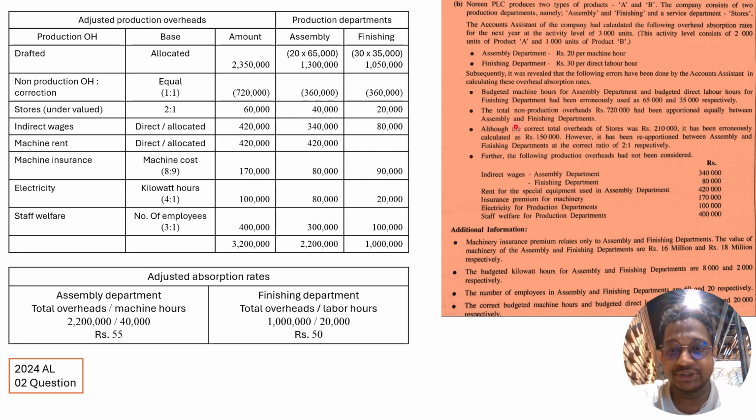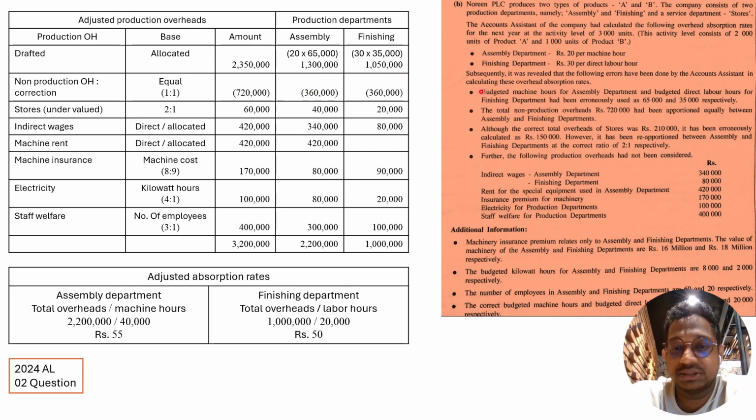The total non-production overhead of 720,000 has been apportioned equally between the assembly and finishing departments. That's totally incorrect, right? In the production overhead distribution, you are not recording the non-production items. So you have to reverse that, which means that non-production overhead you have to exclude from the drafted production overheads.